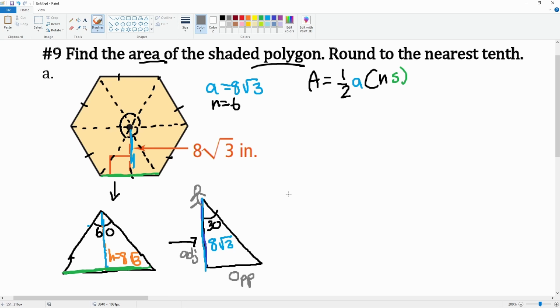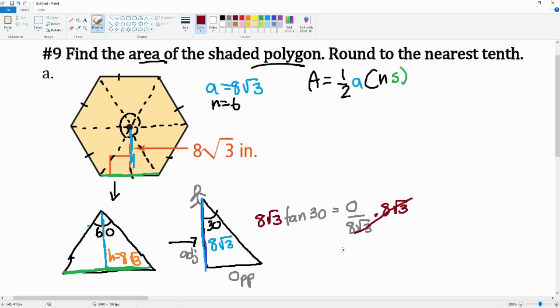So that would be tan. Tan of 30 degrees is equal to our opposite, we can use the letter O, over 8 radical 3, which is the adjacent. Multiply 8 radical 3 to both sides, so this cancels.